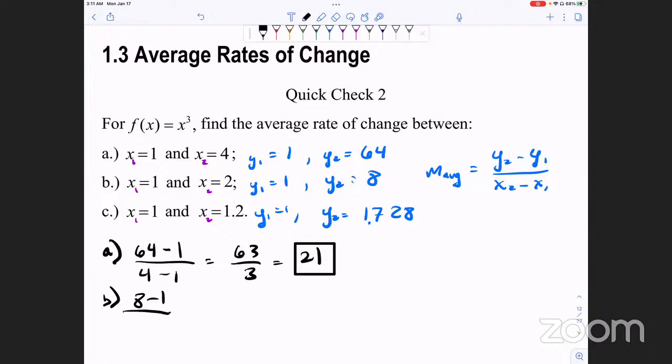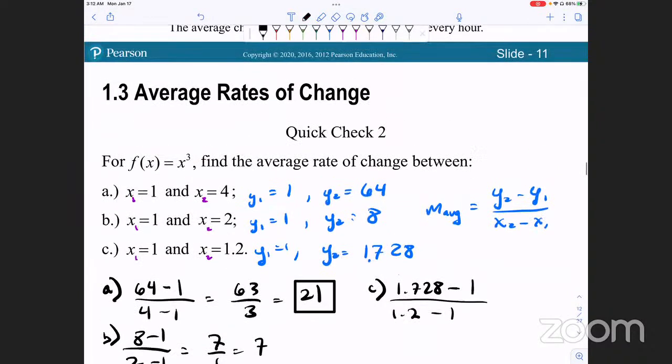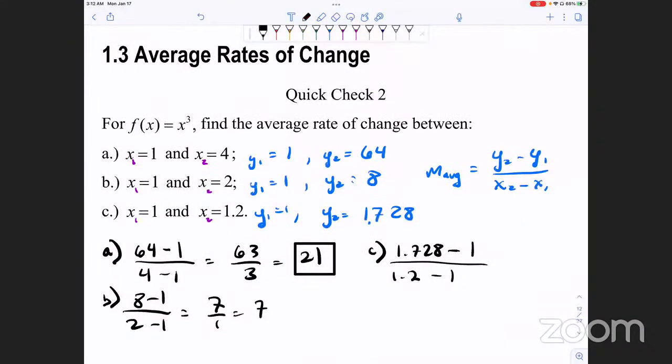So that is 8 minus 1 over 2 minus 1. That's going to be 7 over 1, so it's just 7. I'm going to put 2 over here. 1.728 minus 1 over 1.2, that's going to be 0.728 over 0.2.